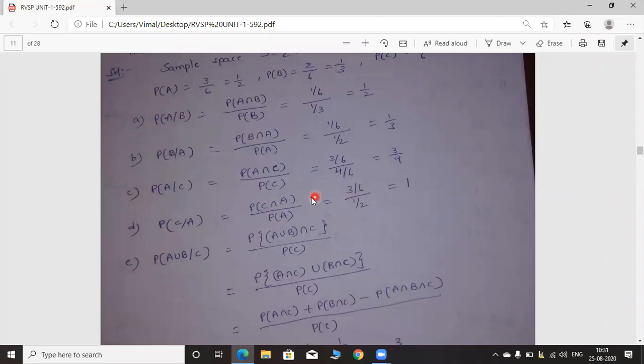Remember one point, whatever it may be, both are the same. Next, what is probability of A?